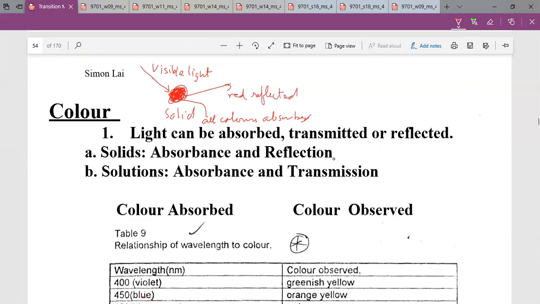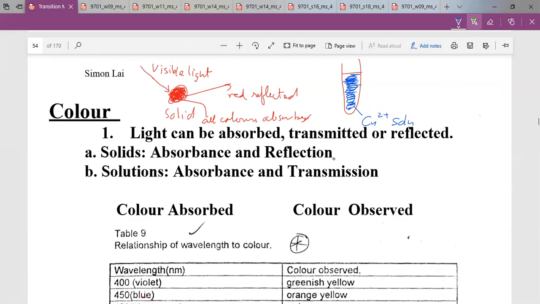If it's a solution, which you are more keen on, let me put a blue solution, a copper 2 plus solution.